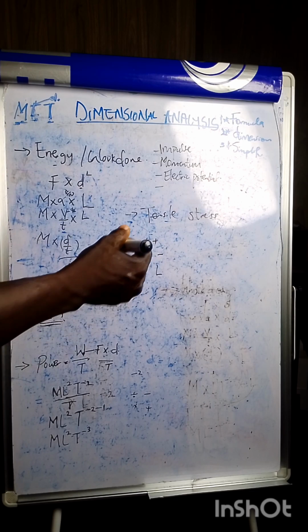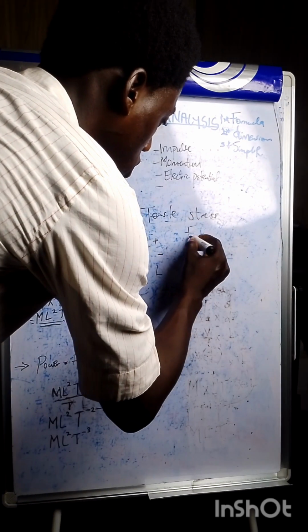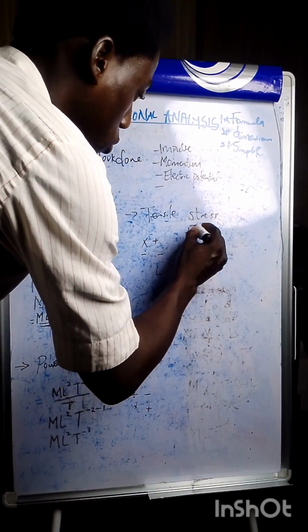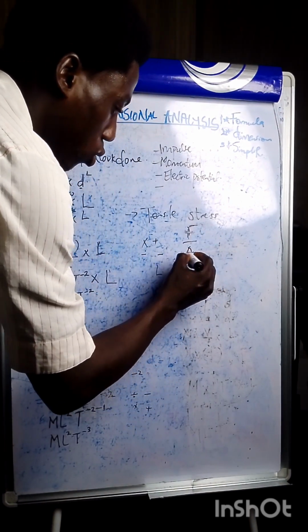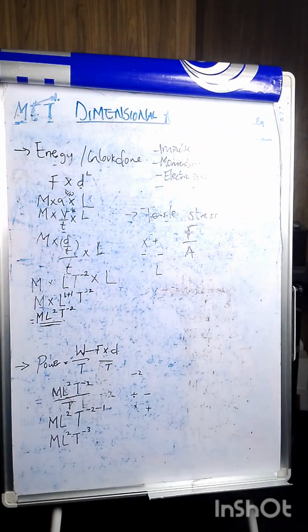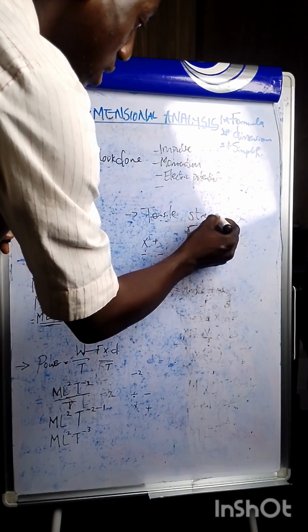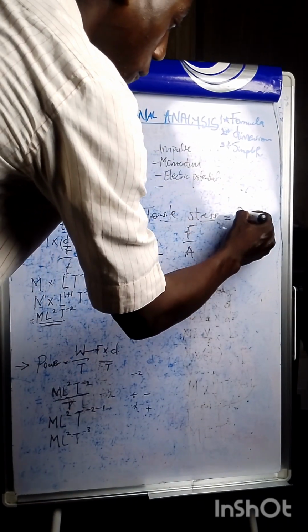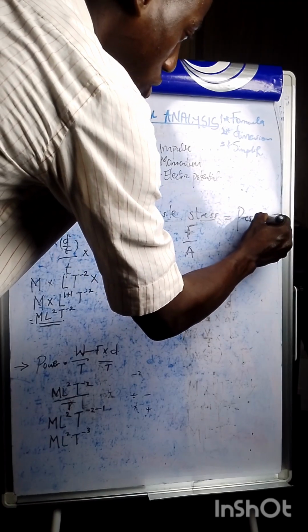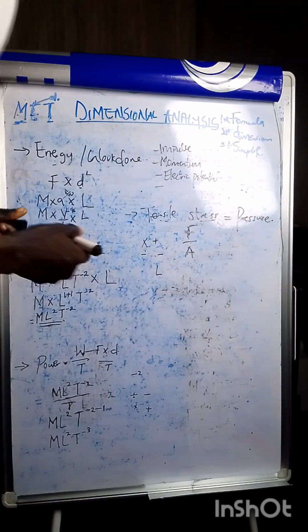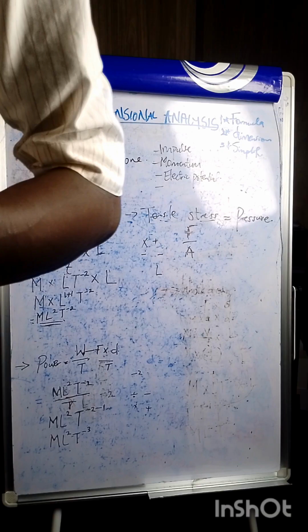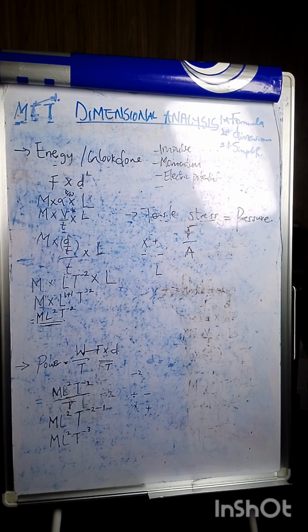Tensile stress is actually having that same formula with pressure. That's force over area, the force per unit cross-sectional area. So we see that this tensile stress is having the same formula as pressure, so you don't need to cram. When you see your pressure, you actually see your tensile stress, and because of this, the both of them would have the same dimension. Are you with me? Are you getting the logic?